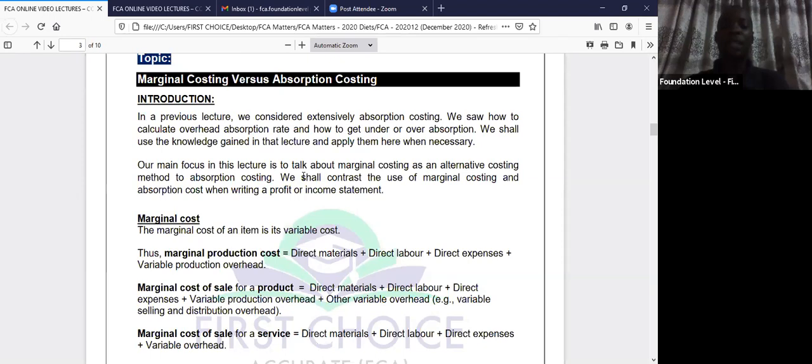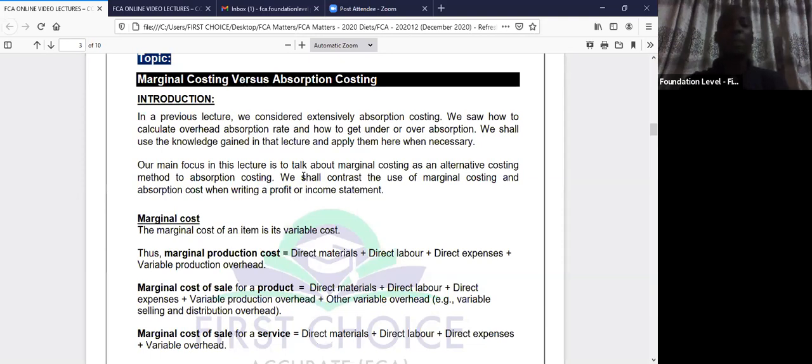Now, when we bring in marginal production costs, we mean all the items of production that are variable in nature. And so we have direct material, direct labor, direct expenses, then variable production overhead. So we will not include the fixed production overhead because it's not variable in nature.